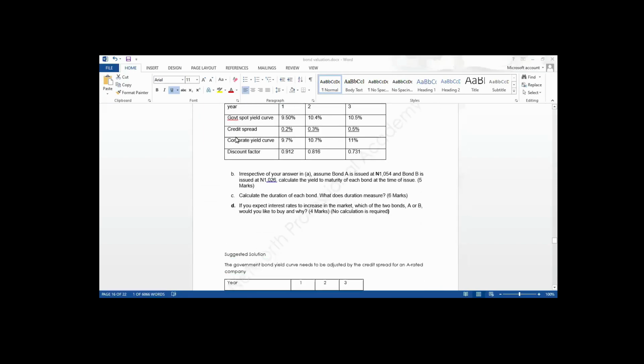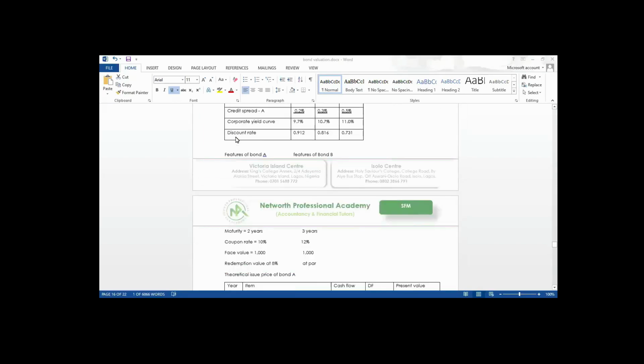We can come here now to manage time. Look at bond B, the features of bond B. No, we are done with A. That's why I say itemize.